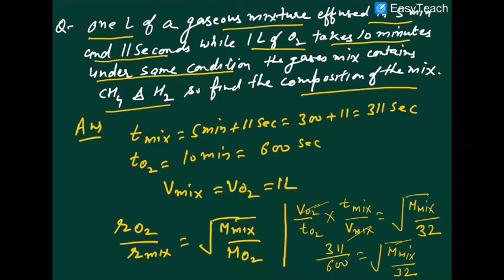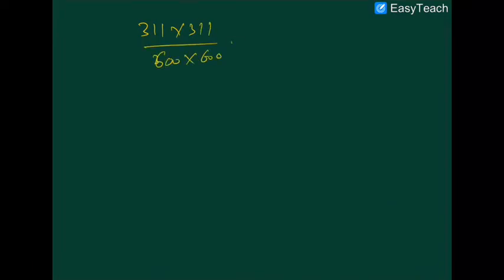So when you solve it by squaring, it is 311 into 311 over molar mass of the mixture divided by 32.